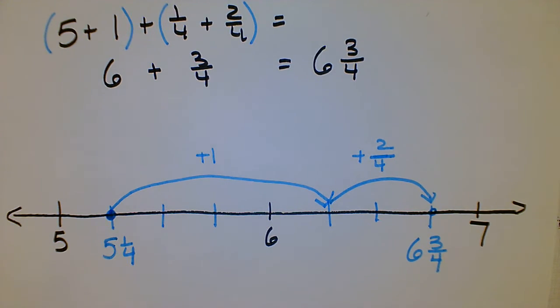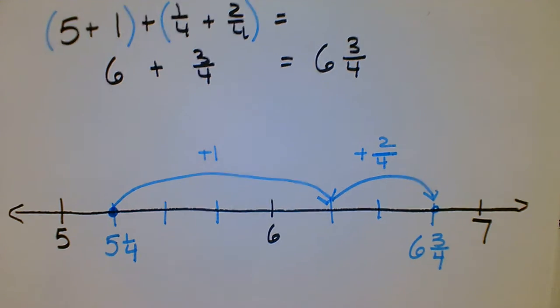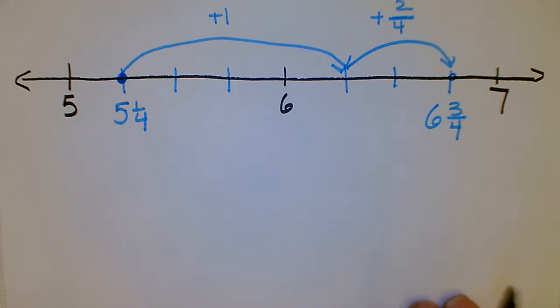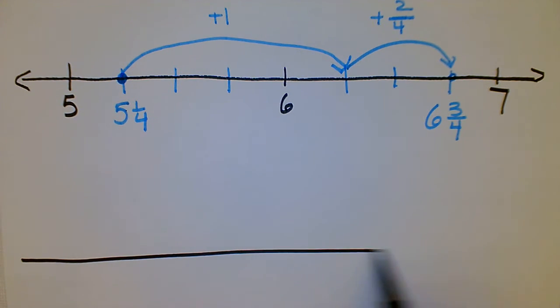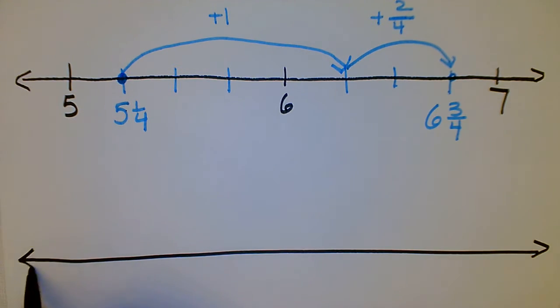Let's do another way on the number line. So for this one, I don't want to have to draw a huge number line, but another way that someone might think about doing this, I'm going to make the number line look the same, but you're going to see what makes it different in a second.